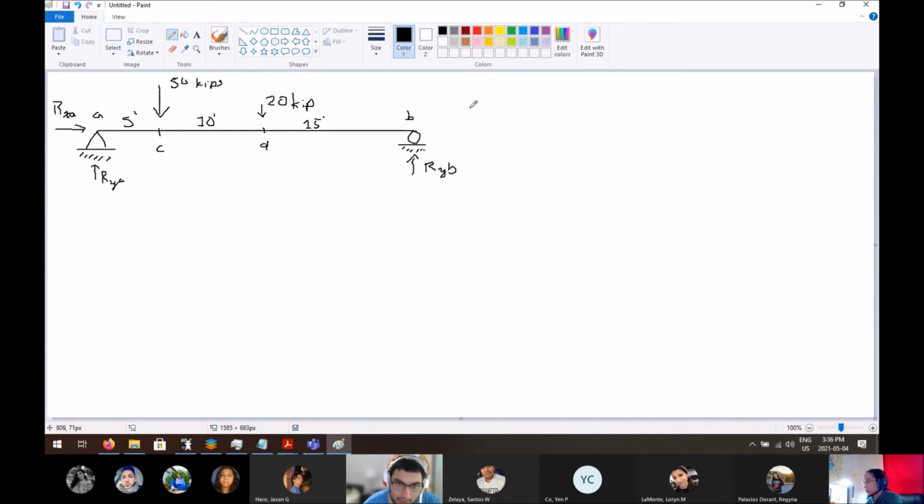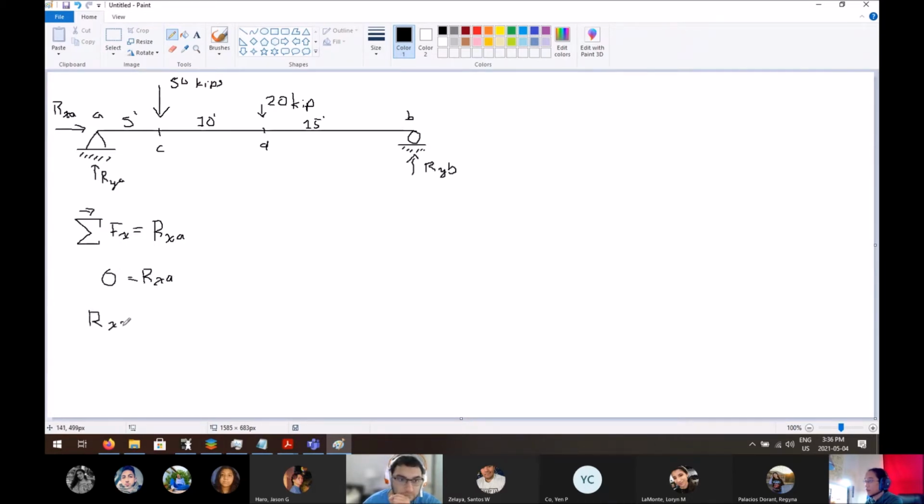So take the summation of forces in the x direction. We're going to assume right is positive. There's only one, RXA. That's going right, so it stays positive. And as we all know, summation of forces has to be equal to 0, so 0 is equal to RXA.